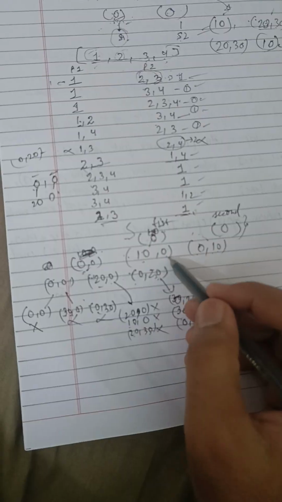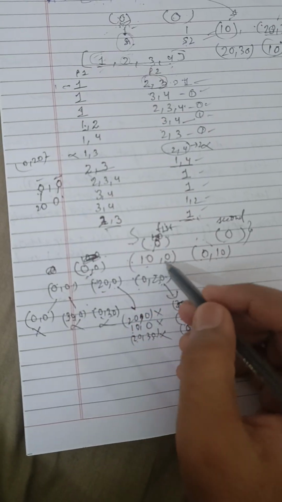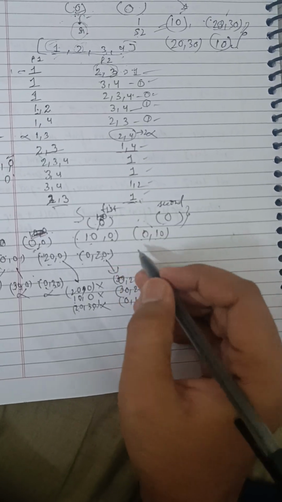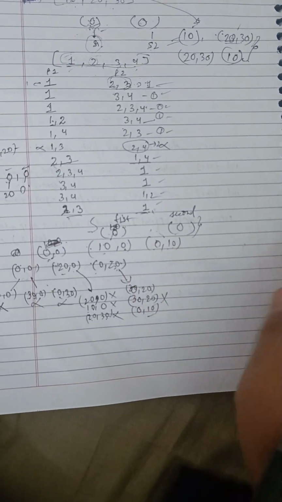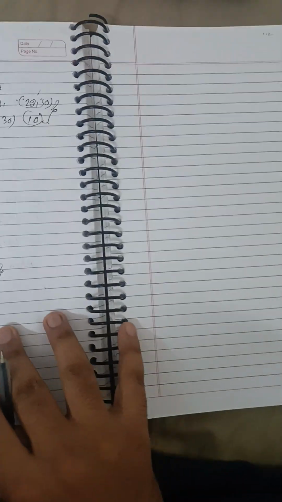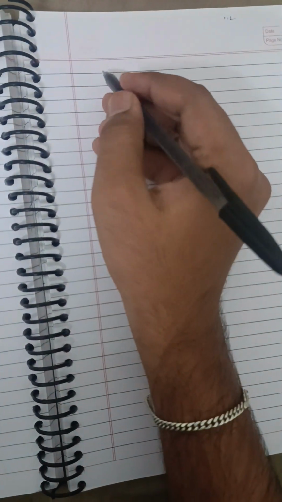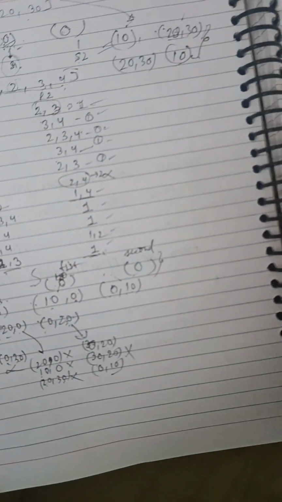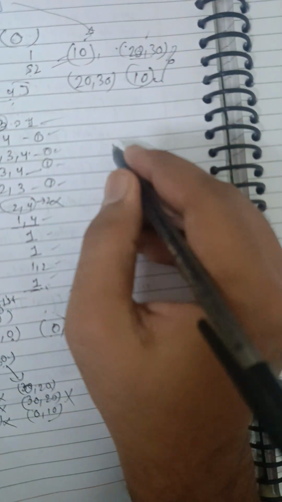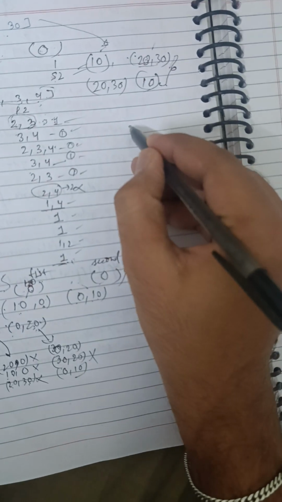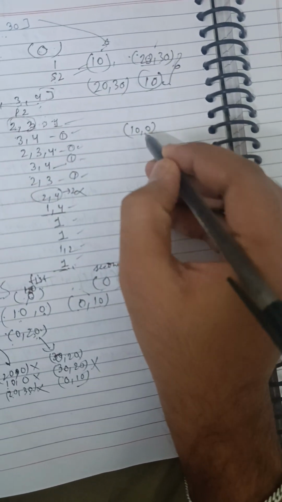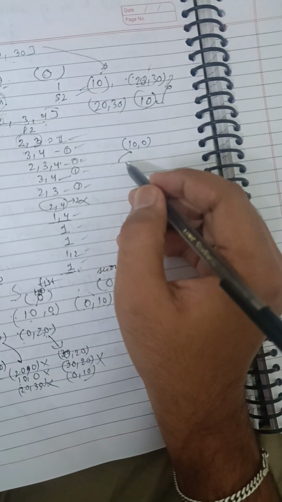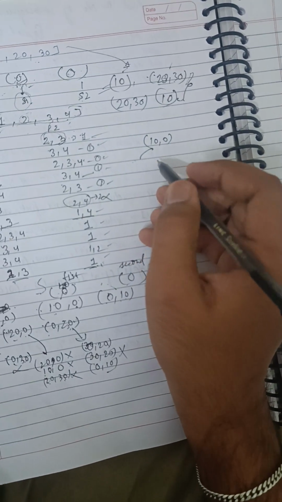Now let's do it. I will move to the upper part. Now it's time for 10 comma 0. Okay, let's do 10 comma 0, right? If I do 10 comma 0, now the first portion is for 20, right?